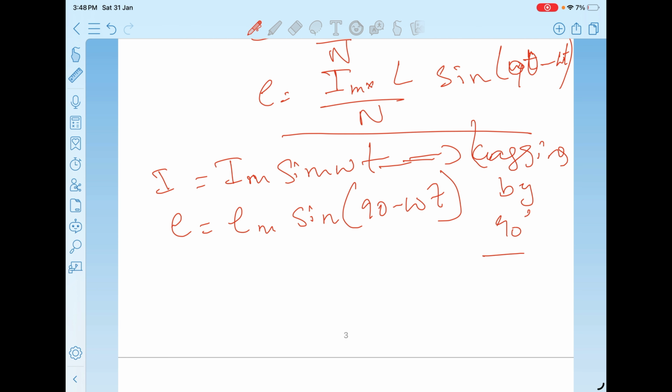Next, one more property we can describe is when the same inductor is connected to a DC voltage source. From the magnetic properties of the inductor and Faraday's law, induced EMF will be there only if there is a change in current. If di/dt is there, then only is induced EMF there.